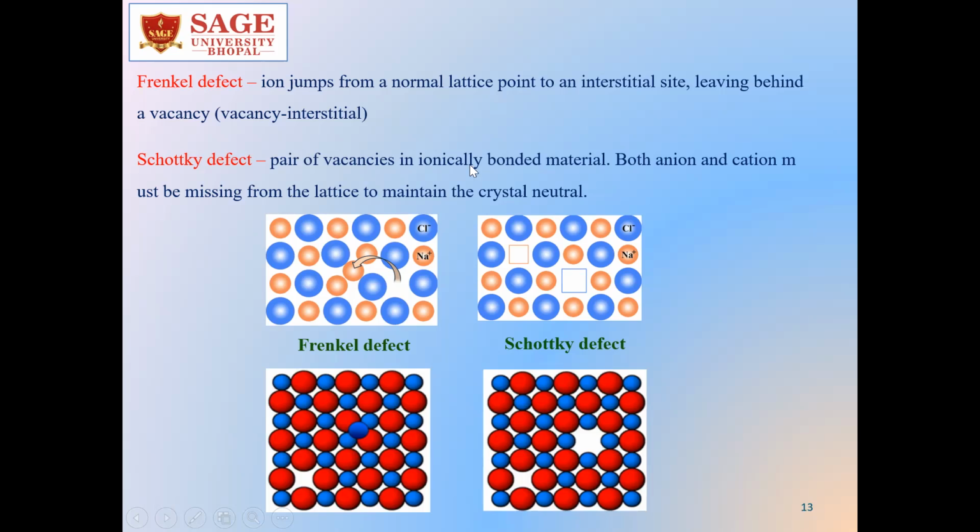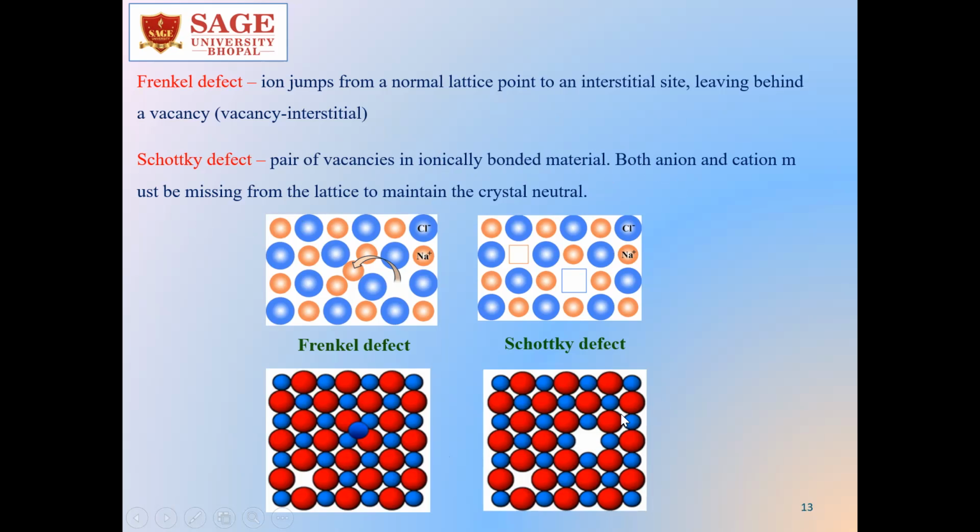What is Schottky defect? Pair of vacancies in ionically bonded material. So in ionic bonding, that is NaCl, both anion and cation are missing from the lattice to keep the crystal neutral. Okay, so here these are missing from the lattice. You see, there it was not missing, it just moved from one normal site to another site.